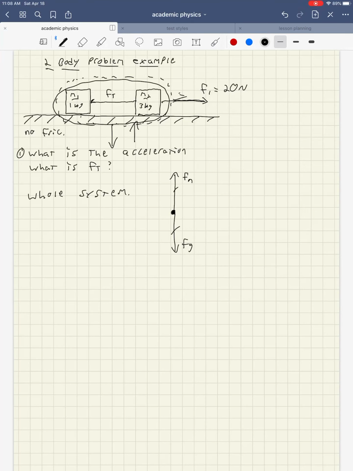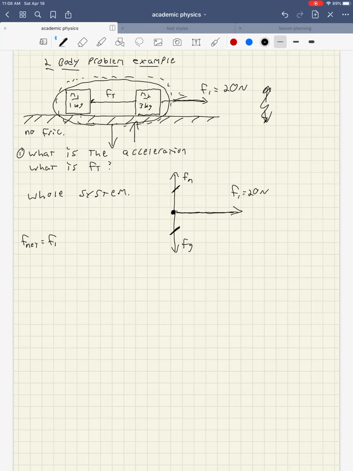Those two are going to cancel out because it's not going off of the surface and it's not going through the floor, so we don't need to worry about that. And it is being pulled along by one force, F1, which is 20 newtons. Now if this force and this force cancel out, then there's only going to be one force left, this F1. That means that's my net force. So my net force is just F1.